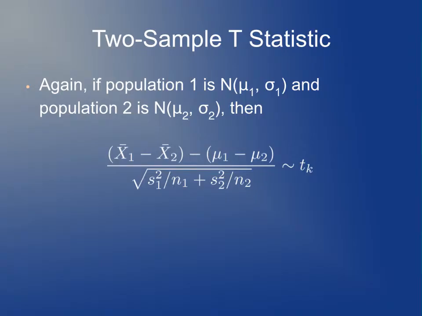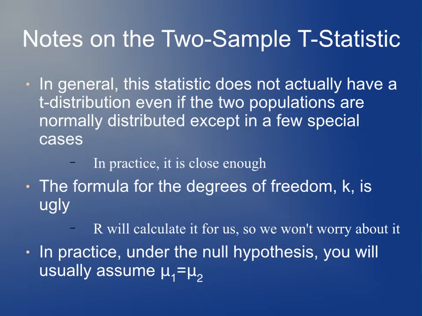Then x1 bar minus x2 bar minus (mu1 minus mu2), divided by the square root of the sample variances s1 squared over n1 plus s2 squared over n2, will have a t distribution with k degrees of freedom. And in general, it turns out this doesn't exactly have a t distribution, even if both samples are normally distributed, except in a few strange special cases.